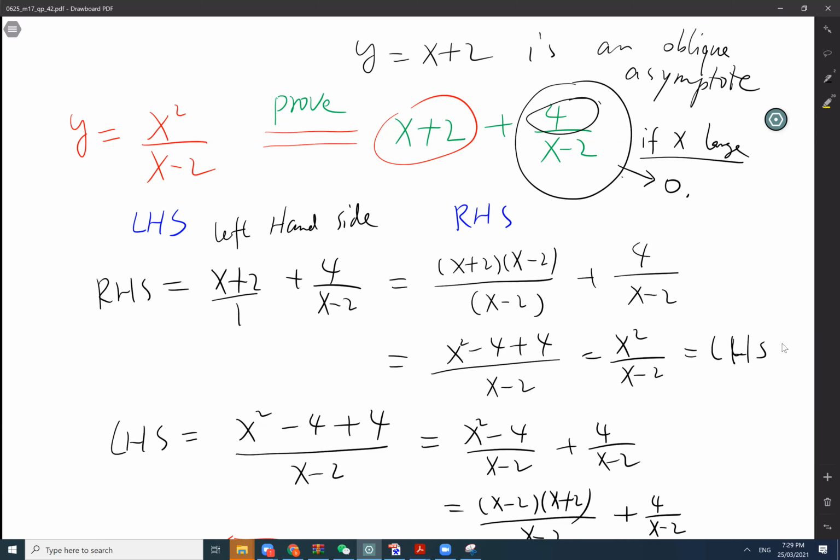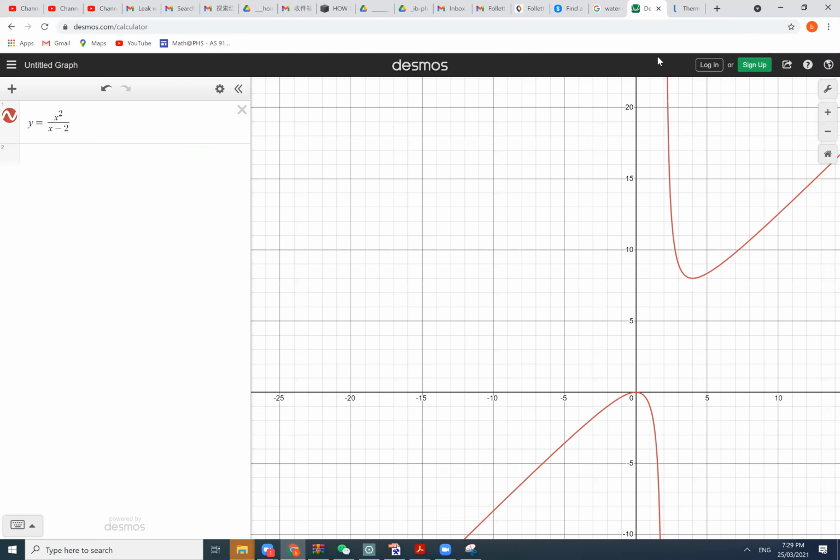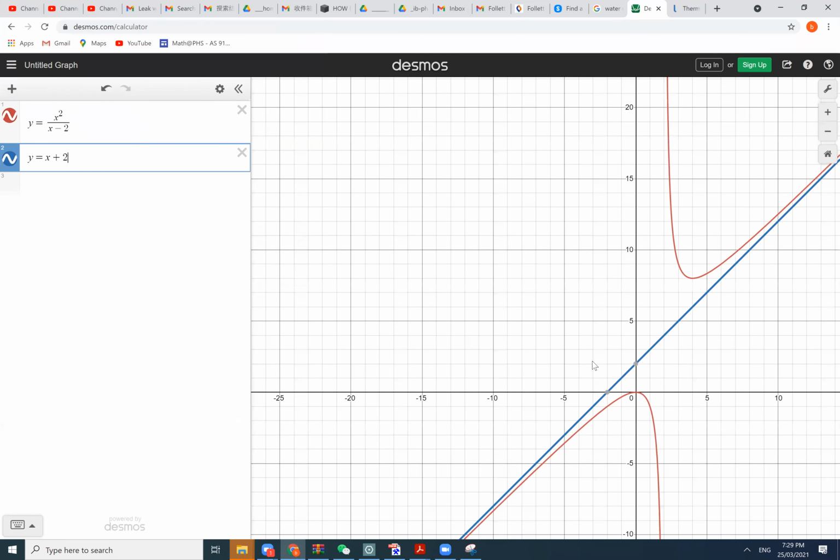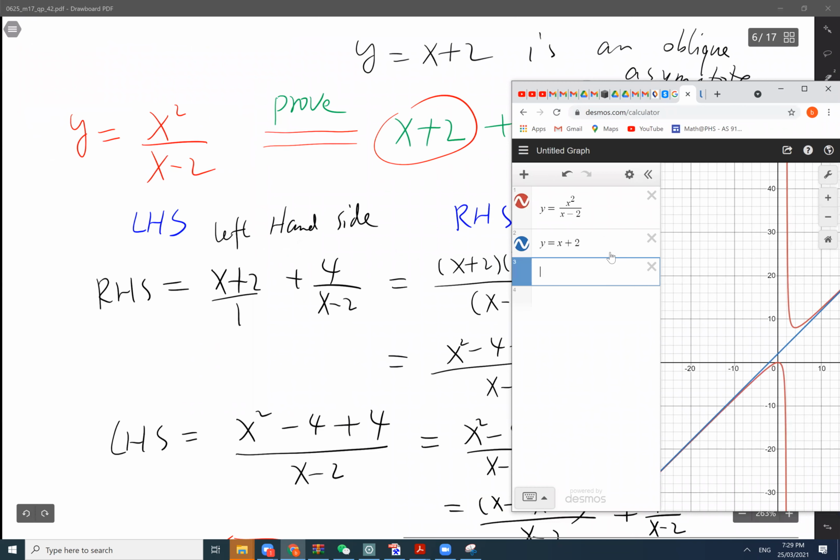Also, in the calculator, if you sketch y equals x plus 2, that's the asymptote right here. And we also have another asymptote, a vertical one.